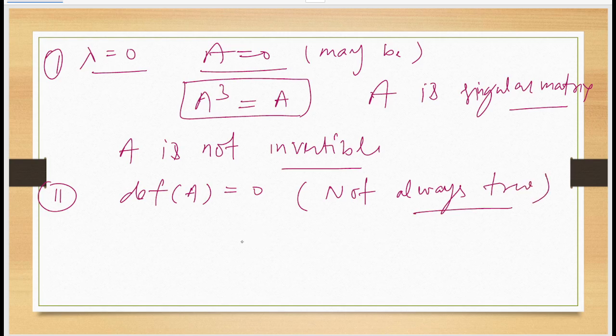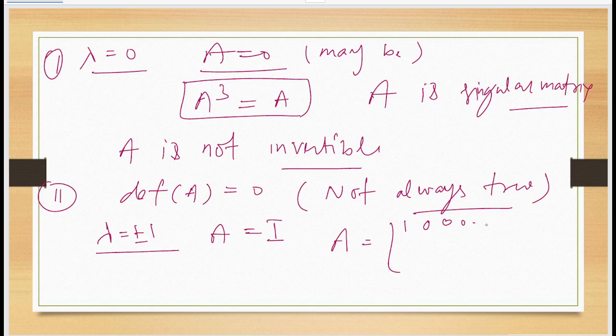Why? We can check by using the eigenvalues. As we know, lambda can have plus or minus 1. That means there may be a chance that A equals I. So if A equals I, we can take A as the identity matrix, that means 1 0 0 0, 0 1 0 0, and so on, up to 1.